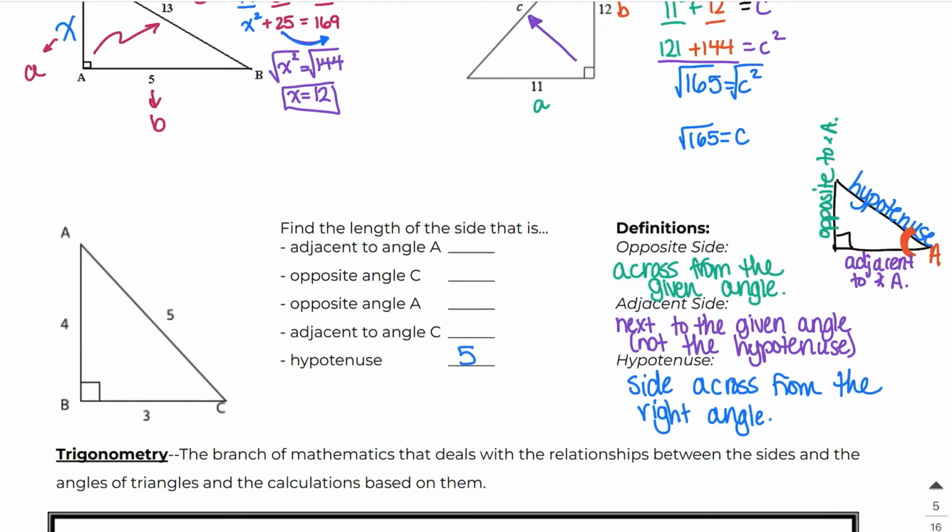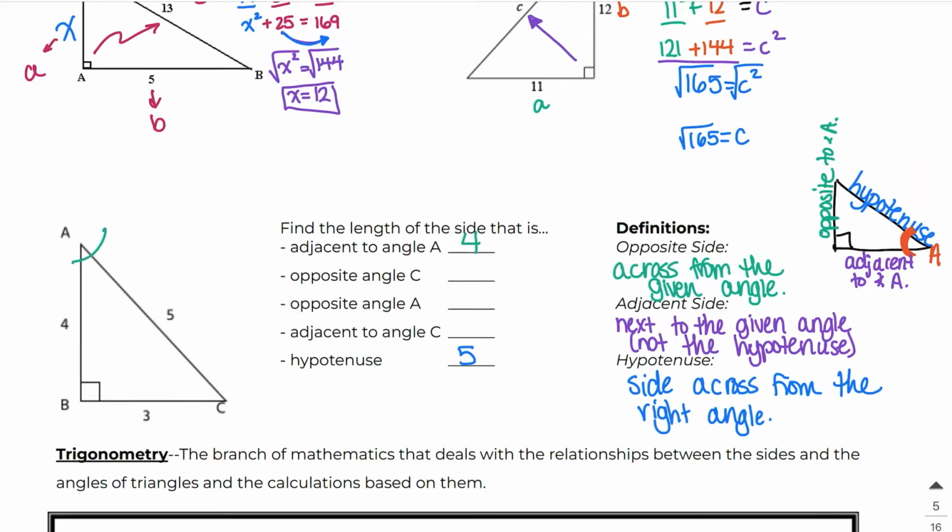Now let's look and see what's going to be adjacent to angle A. Here's angle A, and adjacent means it's next to it, but there are two sides that are next to angle A. However, the 5 is the hypotenuse, which means the only side that is adjacent to angle A is going to be the side that is labeled as 4, because it is next to angle A.